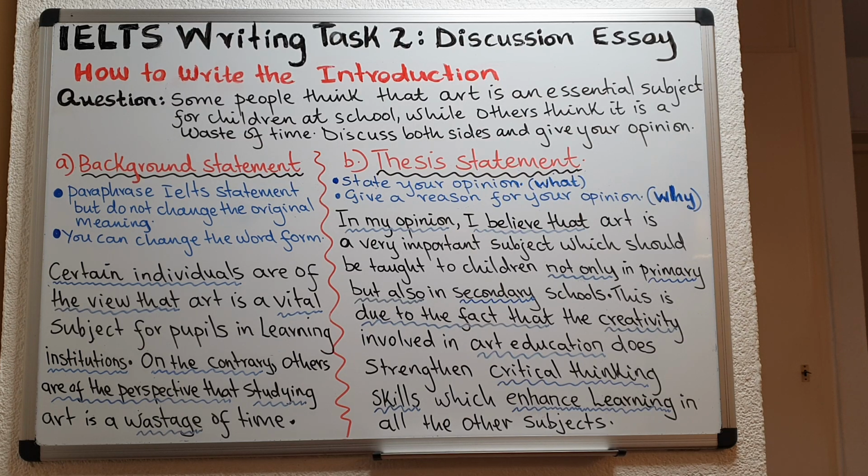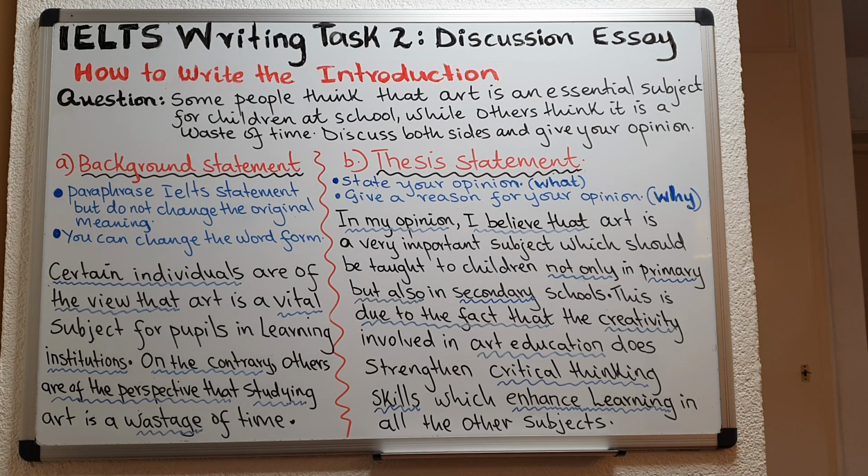The other thing that is important to remember is that IELTS Writing Task 2 is 66% of your total writing marks. You will be marked on task response, that is how well you respond to all the parts of the question. You will also be marked on coherence and cohesion, that is how you organize your ideas using linking words, using simple, complex, and compound sentences, and how you organize your ideas in your paragraphs.